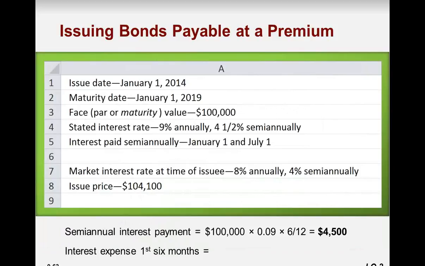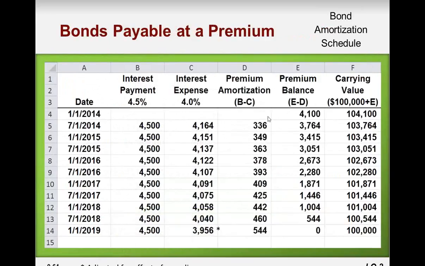So same illustration, and we'll get to the amortization table. We would still have the $4,500 cash interest paid out. We would be multiplying our 4% times our face. We would subtract B from C instead of C from B to get a positive number.